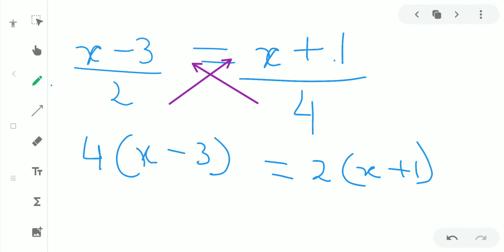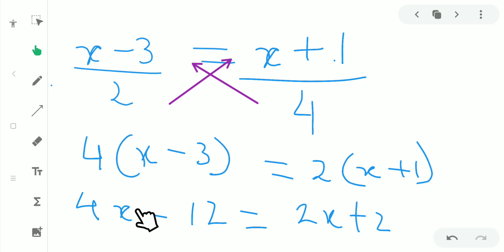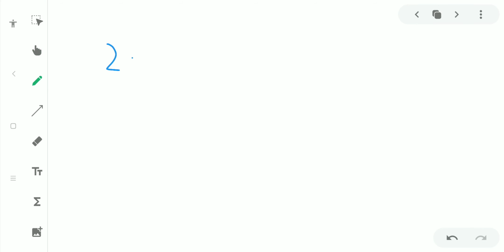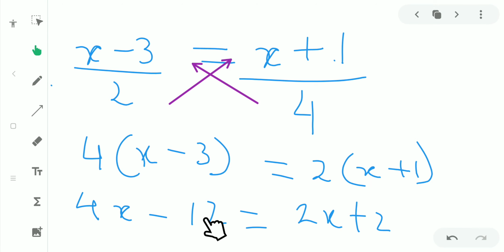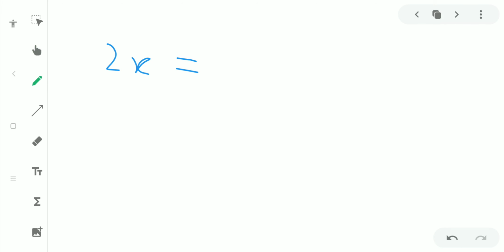Now let us open the bracket. We will have 4x minus 4 3s are 12 is equal to 2x plus 2. On sending 2x onto LHS and 12 onto RHS, we will get 4x minus 2x, which is 2x, is equal to 2 plus 12, which is nothing but 14.